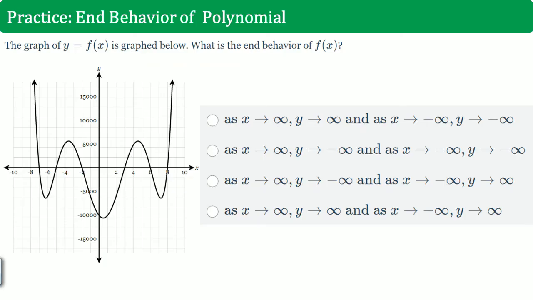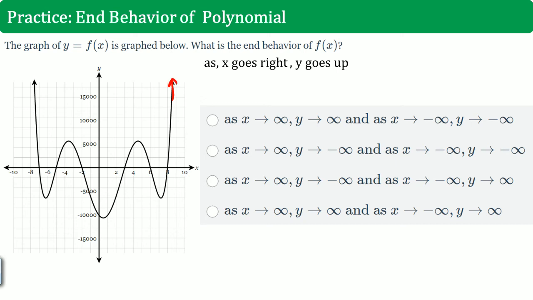The next several problems are just problems from DeltaMath. Here we look at this graph and we look at this end behavior. So we would read the first one. As x goes to the right, y goes up.